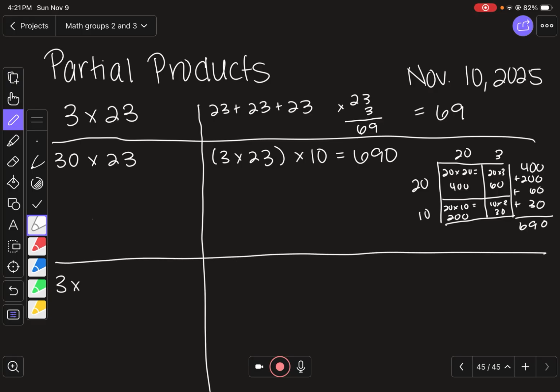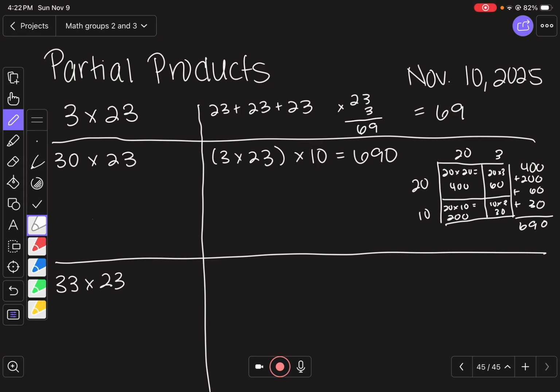The next one I would like you to do is 33 times 23. So what can you use based on the knowledge that you've already solved? How can you use that knowledge to help you solve 33 times 23? Go ahead and pause your video and try to solve 33 times 23. Some of you might have just realized, wait a second, I already know 30 times 23, and I know 3 times 23, and 30 plus 3 is 33.